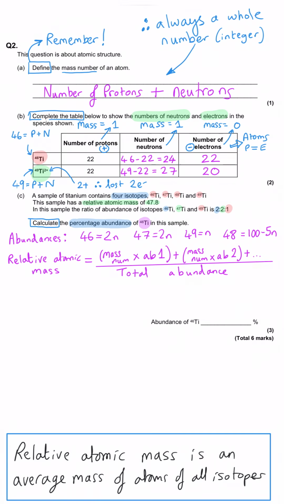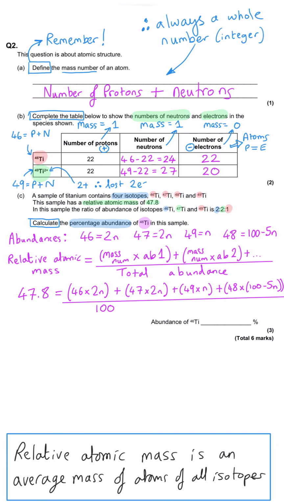And then we divide it by the sum of the abundance on the bottom, which is usually a percentage, so 100, but not always. And so since we know the relative atomic mass is 47.8, we work this out by doing 46, the mass number, multiplied by the abundance 2N, add that to 47 multiplied by 2N, add that to 49 multiplied by 1N, and then add that to 48 multiplied by this complicated looking abundance of 100 minus 5N.